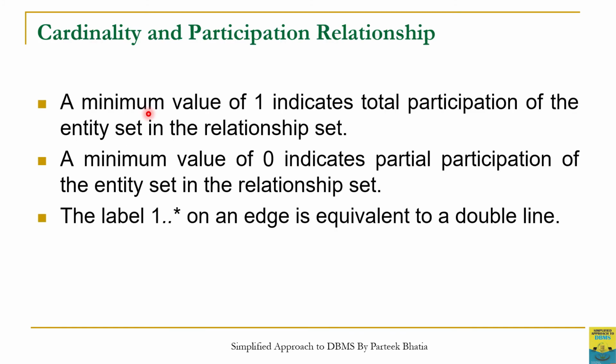As indicated here, a minimum value of 1 indicates total participation of the entity set, while a minimum of 0 indicates partial participation. It is important to note that if we have a cardinality like 1..*, meaning the minimum value is 1, then this edge is equivalent to a double line because it indicates the case of total participation.